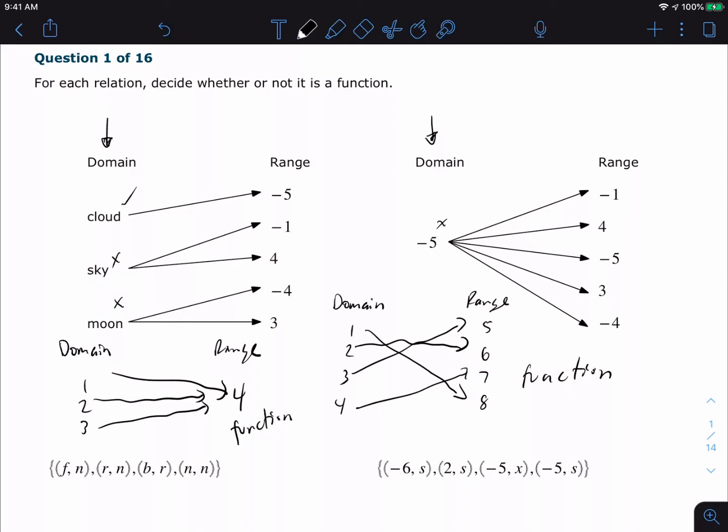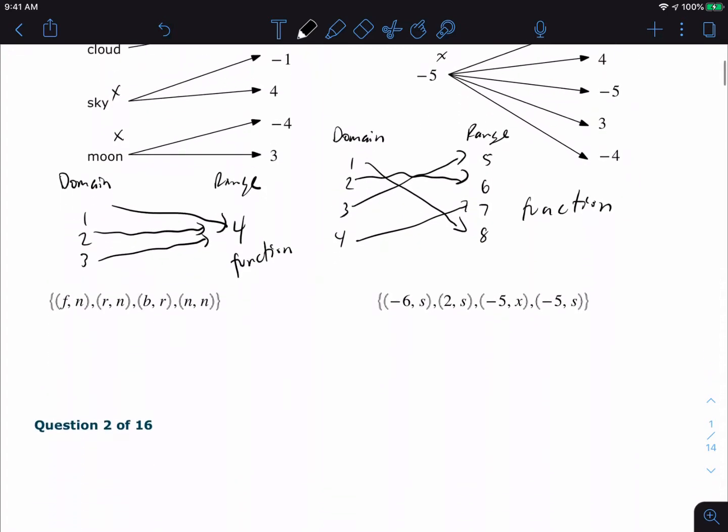So the range can have multiple domains going to it. That's okay. The domain can go to unique ranges. That's okay. But you cannot have the domain going to 2 different numbers. Does that make sense to you guys? Okay, cool. It's important that makes sense to you guys.